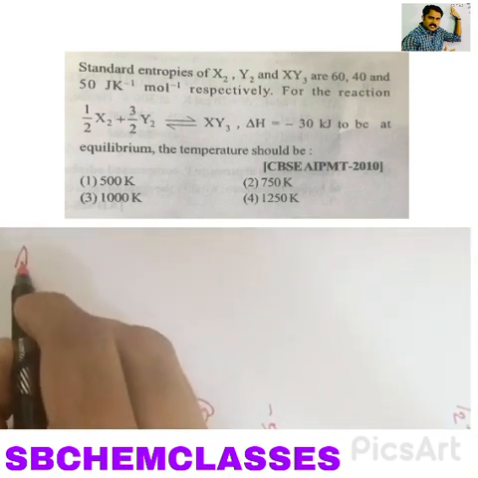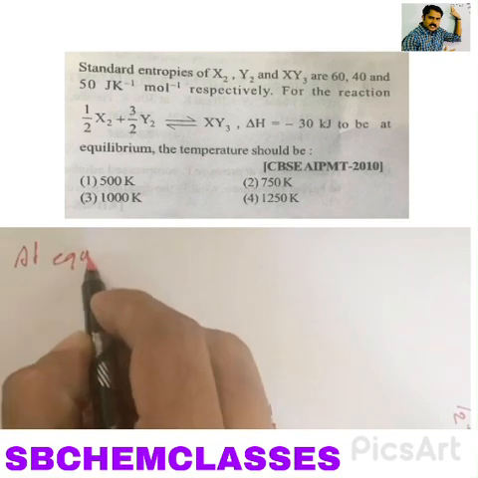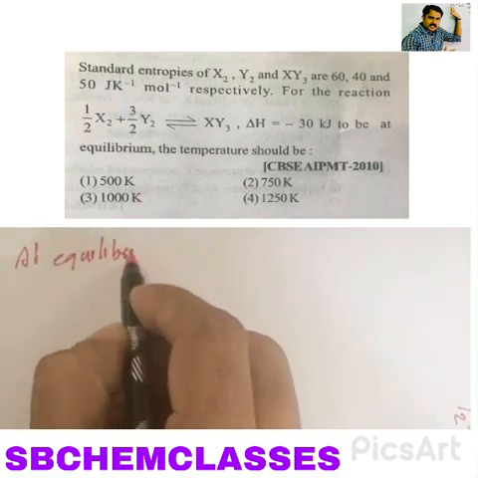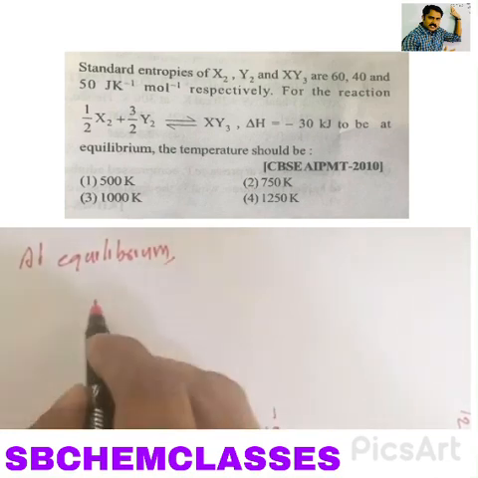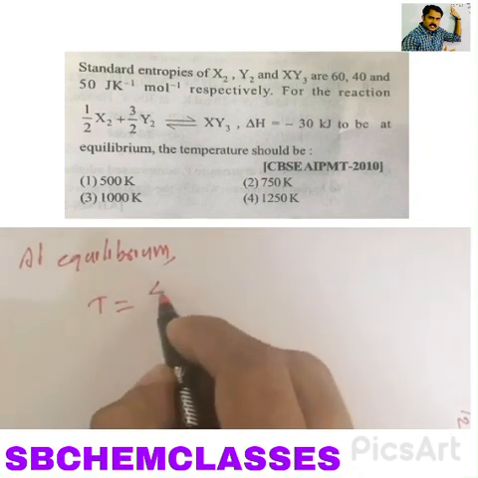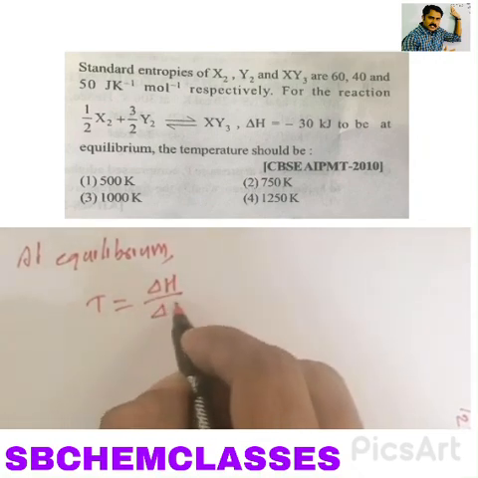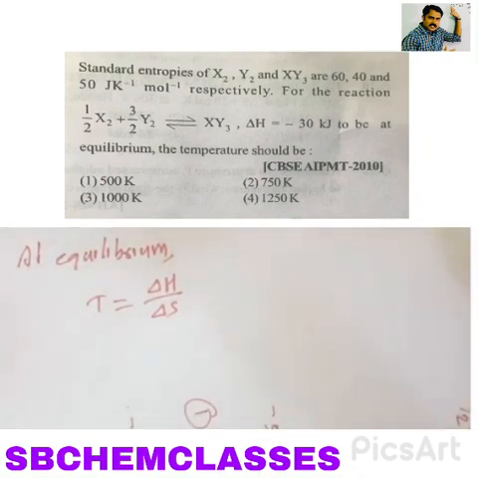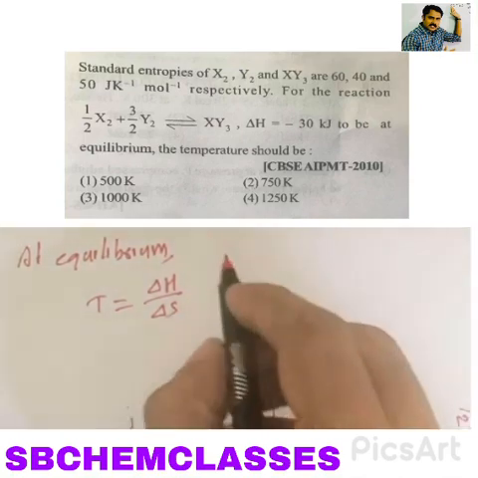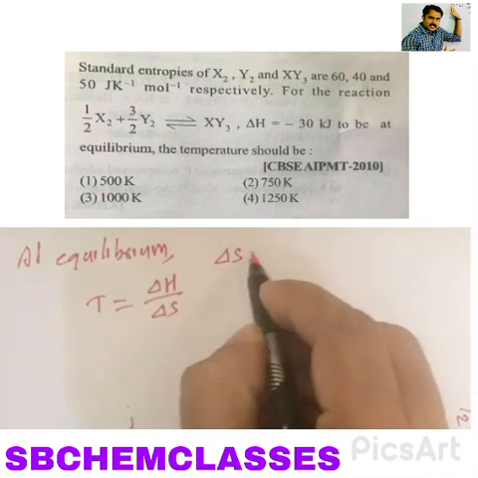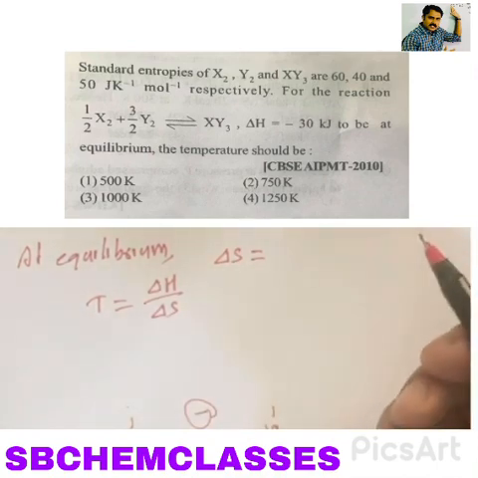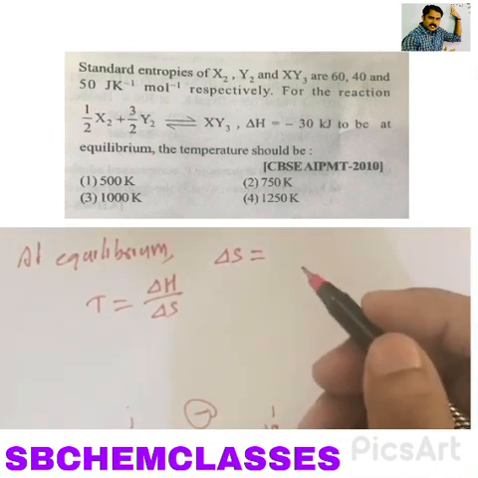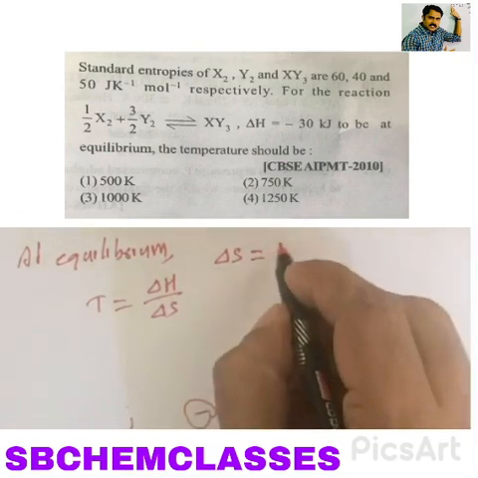At equilibrium, temperature equals delta H by delta S. Delta H of the reaction is given as minus 30, but delta S of the reaction is not given. How can delta S be calculated?